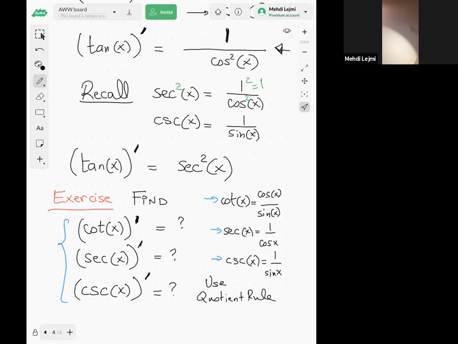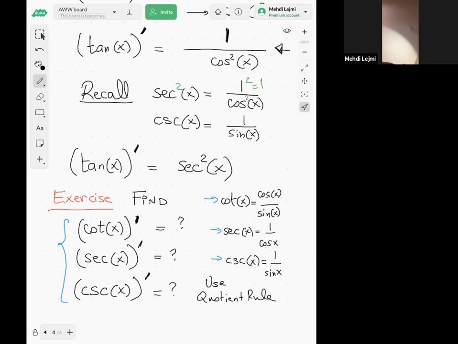They are all equivalent, right? Like the derivative of tangent, we said it's 1 over cosine square, but if you use secant, that would be secant square. So there are just different ways to express the same derivative.